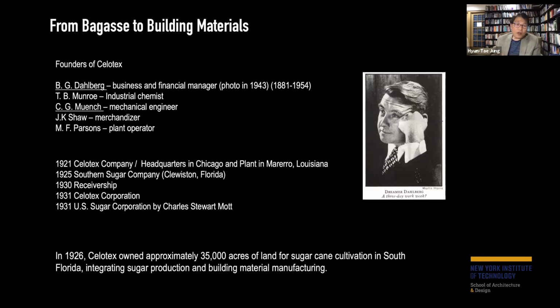In 1931, US Sugar Corporation, by Charles Stuart Mott, who was the vice president of General Motors in Detroit, he took it over and created an empire. Before then, there was no really organized large scale sugar cane farming, but suddenly, because of this Bror Dahlberg, businessman, president of a building material company, the sugar dynasty was built in Florida.